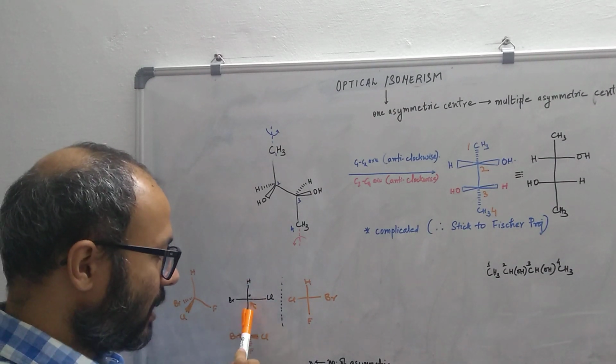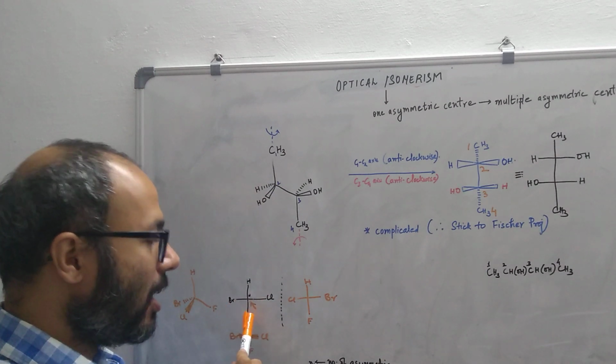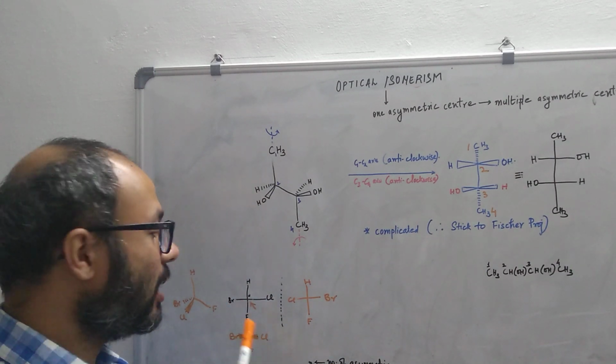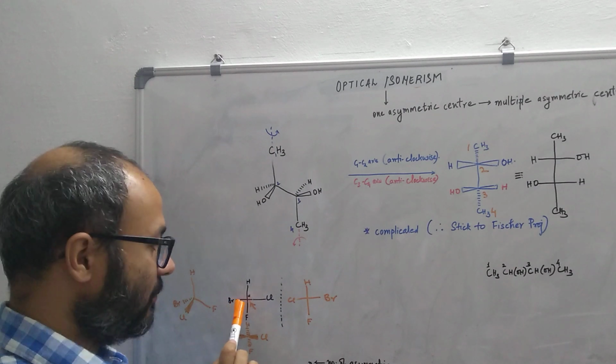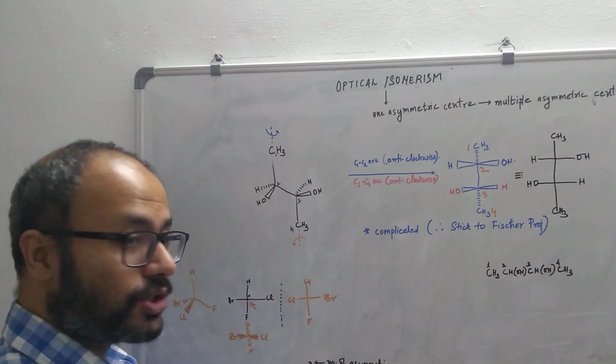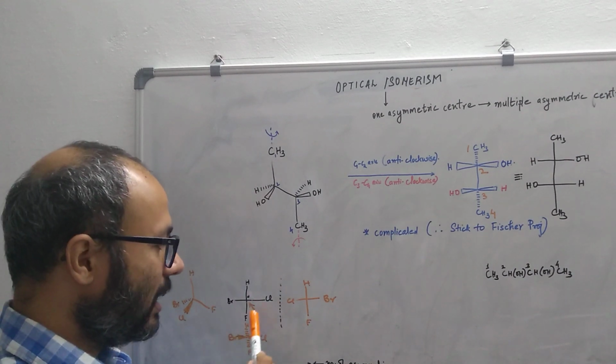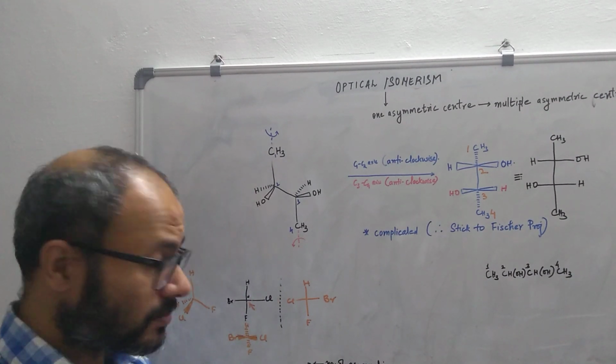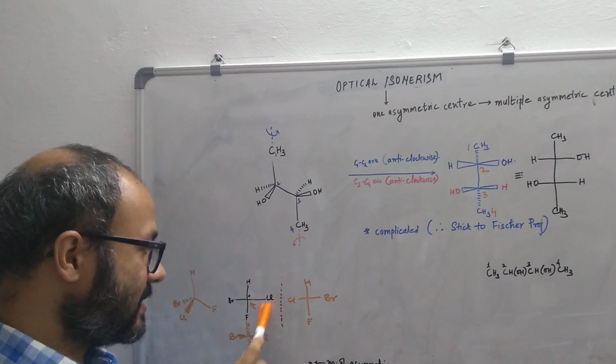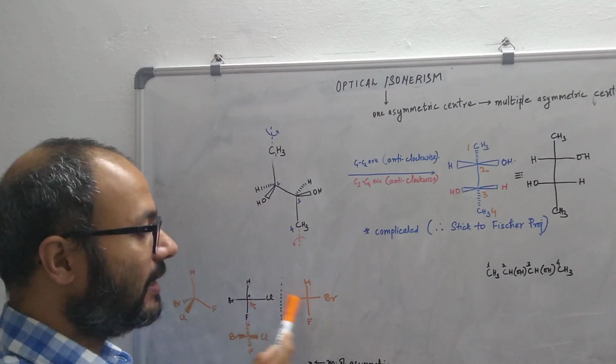So if you are asked how many stereoisomers you can make from a compound with one asymmetric center, you will say only 2, because 2 to the power of 1 is just 2. One is the original molecule and the other is its mirror image.